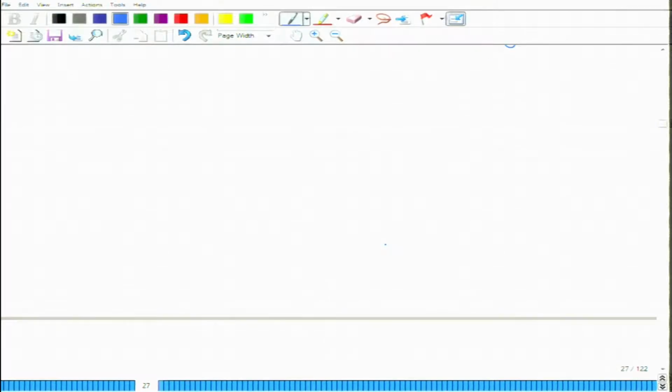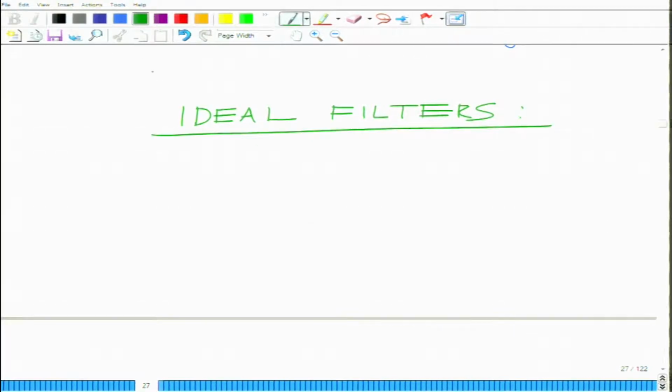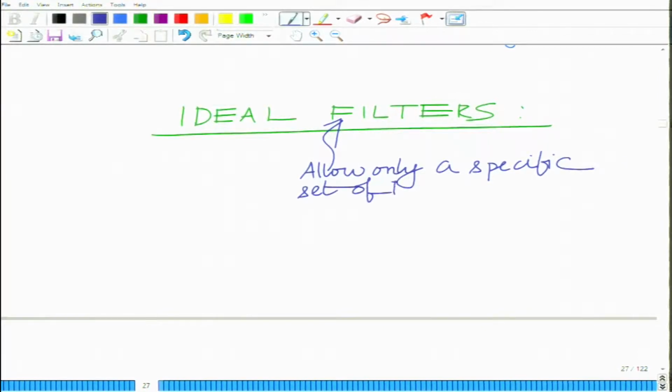Okay. And now, let us look at the frequency response characterization of ideal filters. Filters basically allow only a specific set of frequencies to pass.